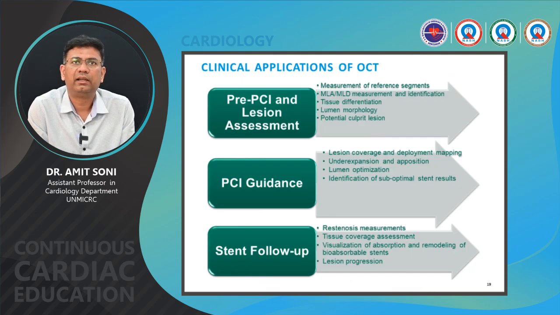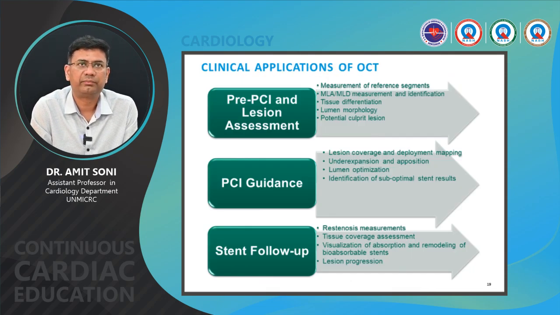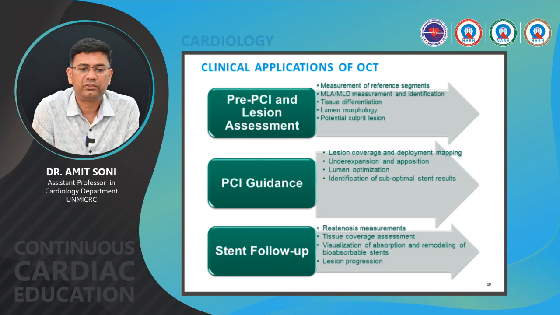So the clinical application of OCT is pre-PCI assessment of lesion, PCI guidance, and stent follow-up, meaning post-PCI. How it is helpful in pre-PCI cases for lesion assessment is measurement of reference segment, so where the normal segment is, MLA and MLD measurement and identification, tissue differentiation, lumen morphology, and potential culprit lesions.